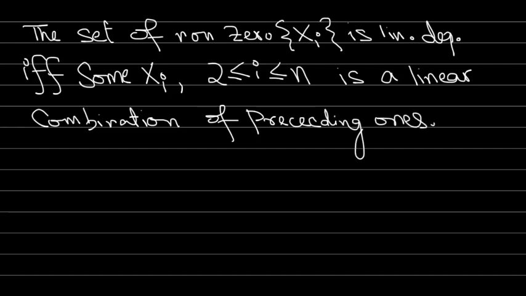So the preceding vectors, right? And you look at the statement carefully again. It says that the set of non-zero xi's is linearly dependent, right, if and only if some xi, for i greater than or equal to 2 up to some n, is a linear combination of the preceding ones, right?